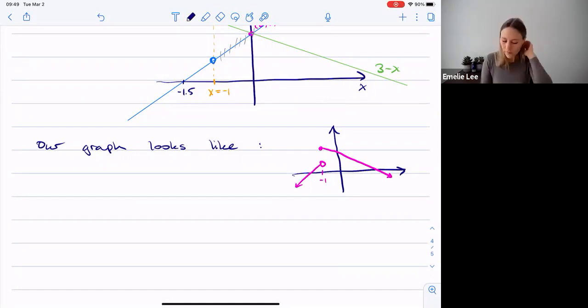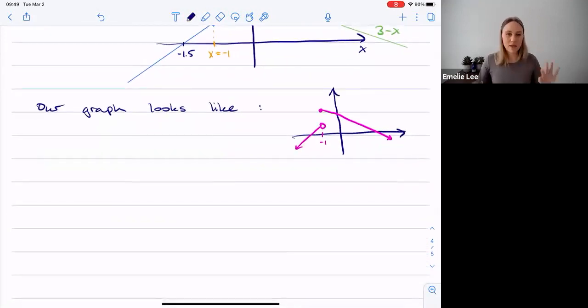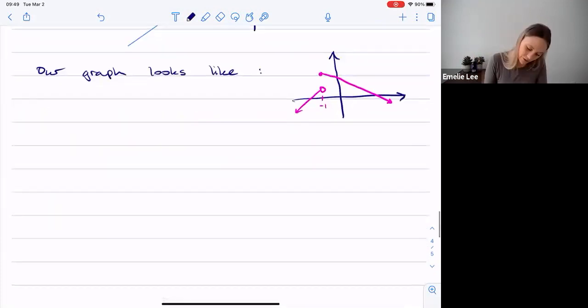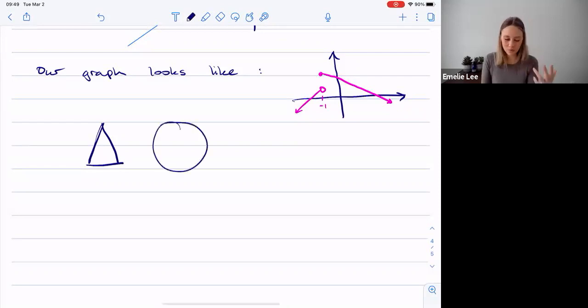And very similar to, way back, not even math, but if I ask you, what shape is this? You know it's a triangle, right? So just like we recognize these basic shapes, we need to be able to recognize graphs. Now we're extending, but that's how I want you to think about it.